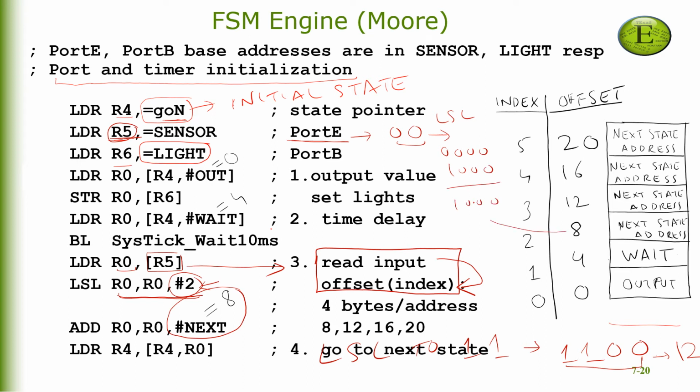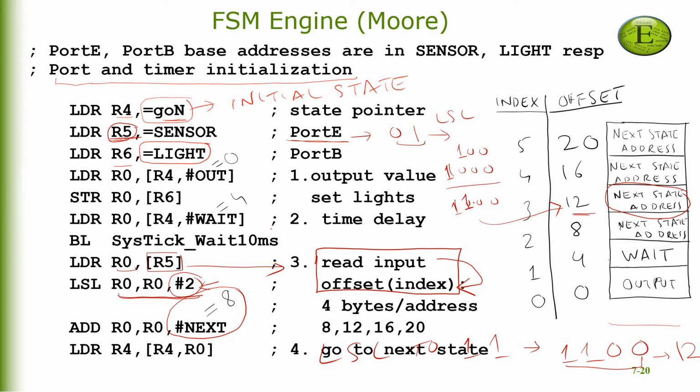And that is going to bring us over here. So from there we can read the address of the next state and then proceed therefrom. If it had been 0 1, it would have given us 0 1 0 0, add 8. This is going to give us a new offset, 12. And in that case, we would have picked a different address possibly, which is available at offset number 12.